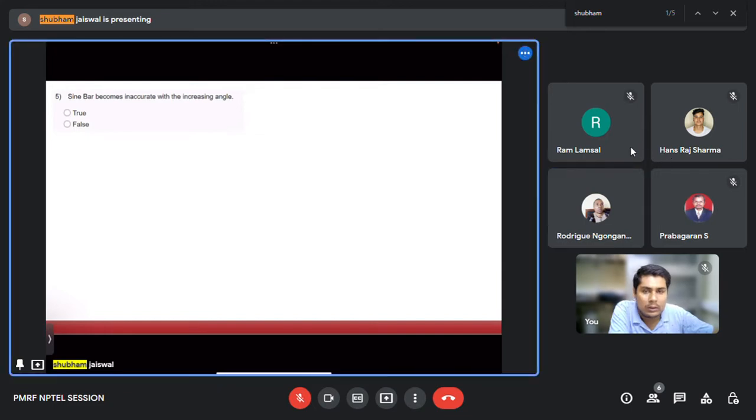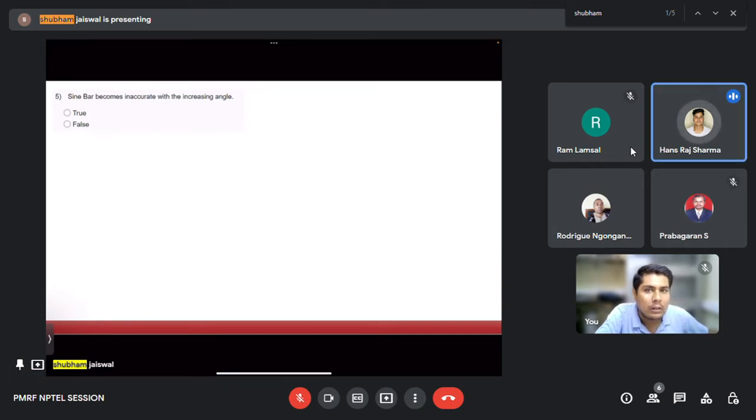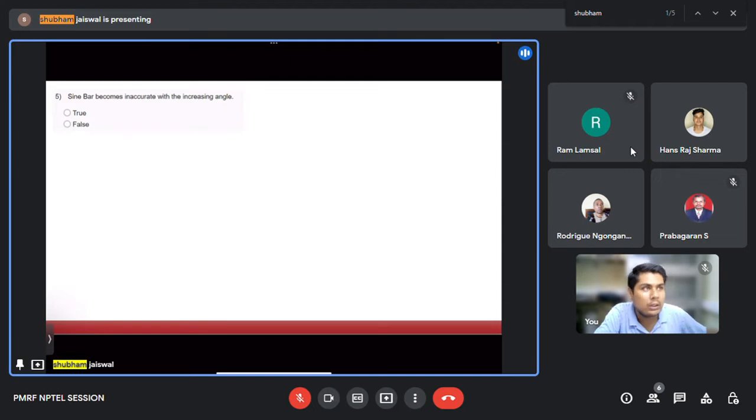Okay. So let's see. Yes, true. And why is it so, Hansraj? It is difficult with the sine bar, the handling and positioning of the sine bar. Okay, that's one of the reasons, but the main reason is in its mathematical formula.